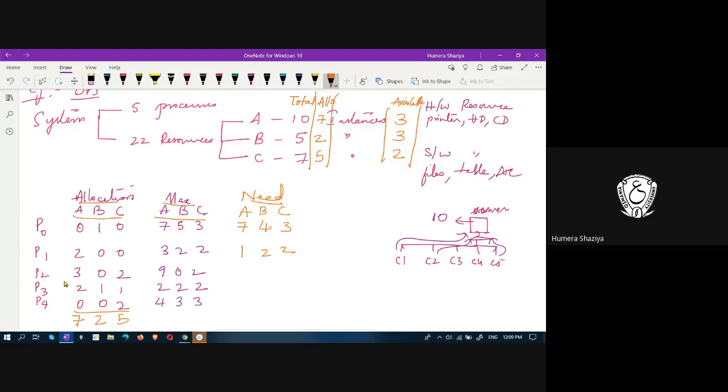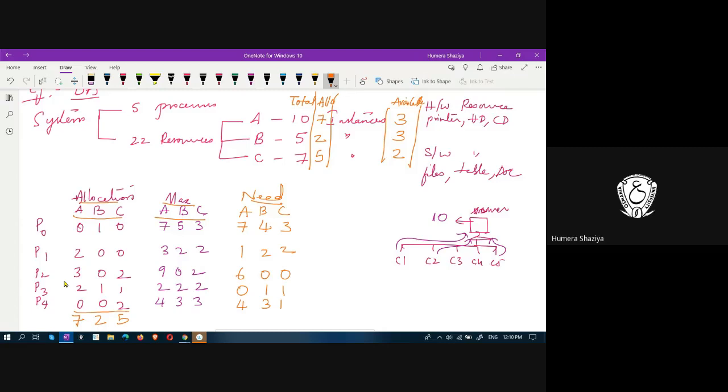So 9 minus 3 is 6, 0 and 0, because 2 was the need and 2 was allocated. And here 2, 0, 1 and 1. Here 4, 3, 3 minus 2 is 1, right? So these are the needs now for each process.